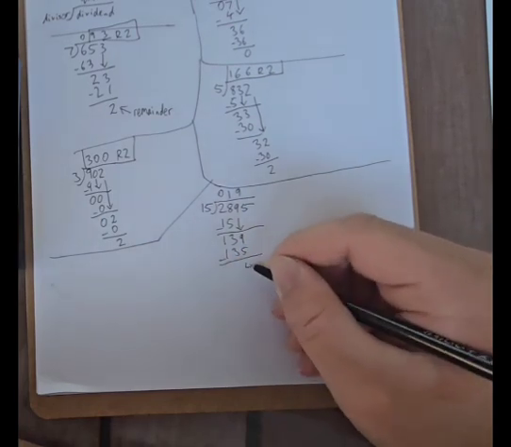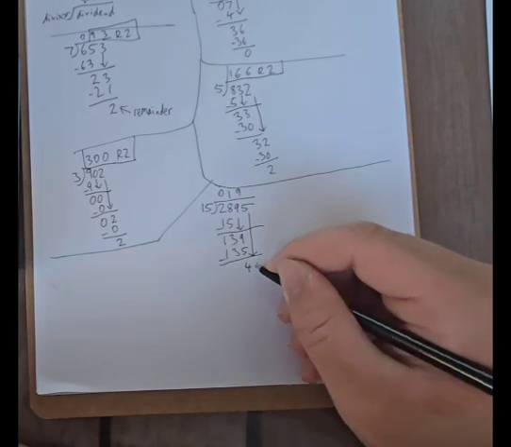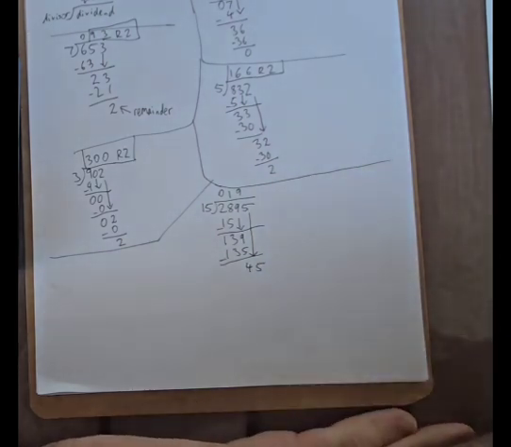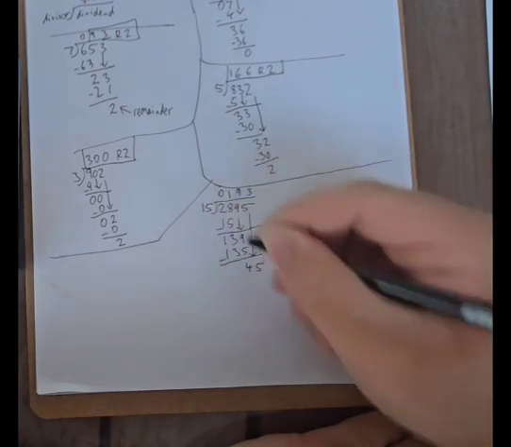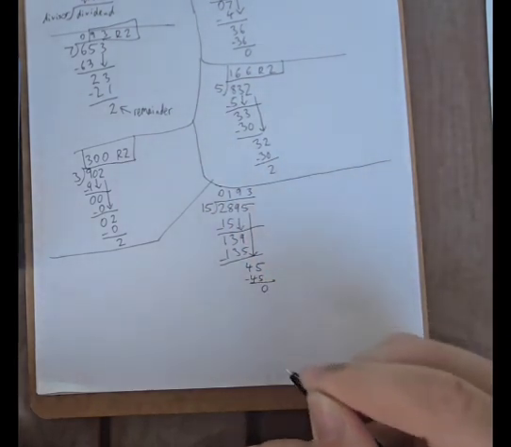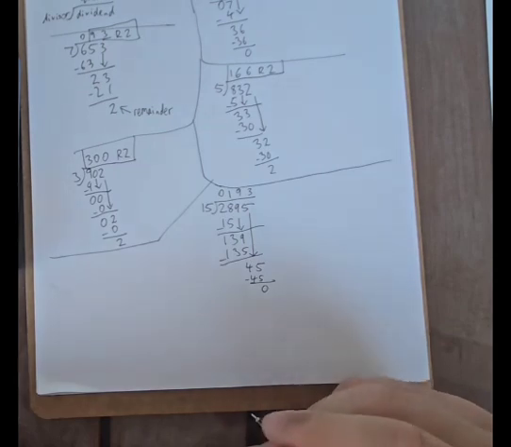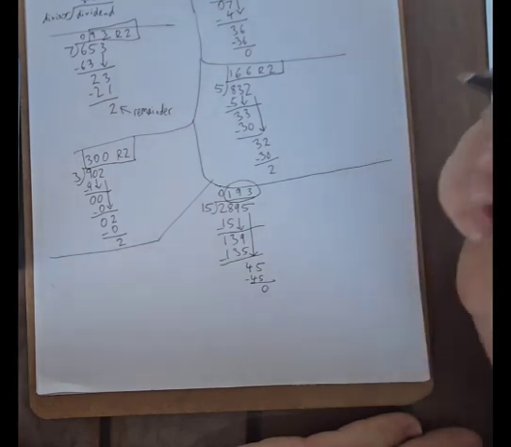And we just get 4. Now we bring down this 5 over here. We get 45. Well, how many times does 15 fit inside 45? Exactly 3 times. Because 3 times 15 is 45, and when you subtract that, you get 0. So we got a 0 here, which means there's no remainder. So our answer is 193, no remainder.